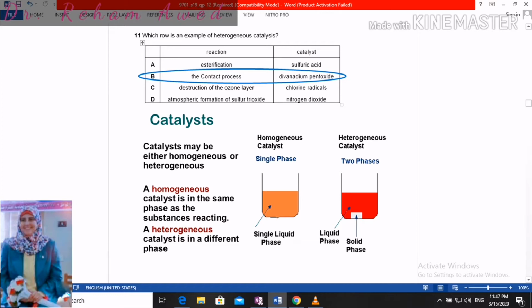So it is gaseous catalyst with gaseous reactants, so we have homogeneous catalyst. The last choice, atmospheric formation of sulfur trioxide. Atmospheric formation of sulfur trioxide is gas by using nitrogen dioxide. Nitrogen dioxide is also gas, so we have gaseous. So we have homogeneous catalyst. So at first you must know the difference between homogeneous and heterogeneous catalyst.